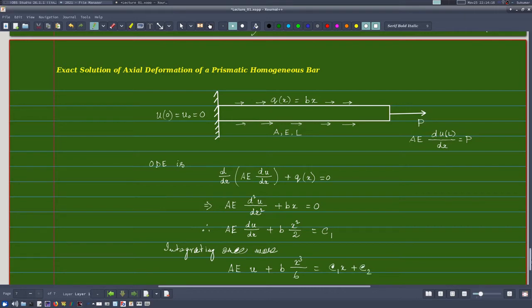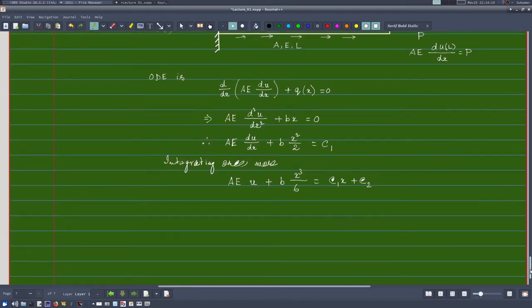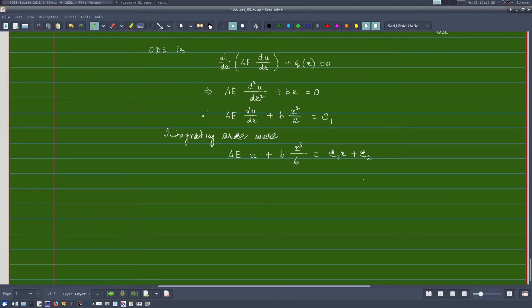So these are my two integration constants whose values we must find out from the boundary conditions. All right.